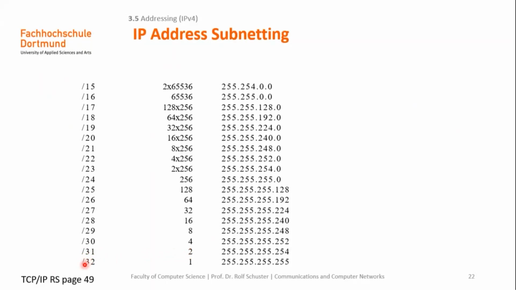But for instance, in the case of /32, that is only one address, this could be used typically for logical or software interfaces like loopback, and that means that only one interface is a member of this subnetwork of /32 bits in one.